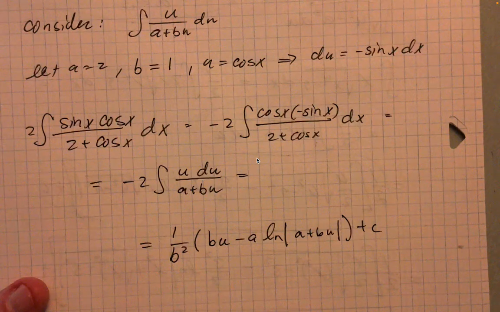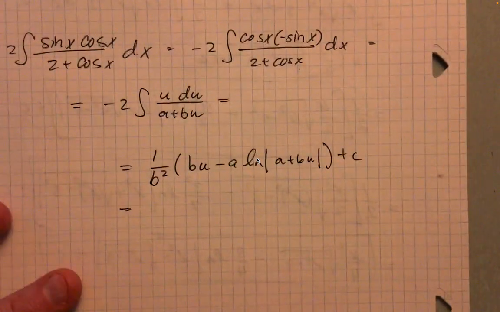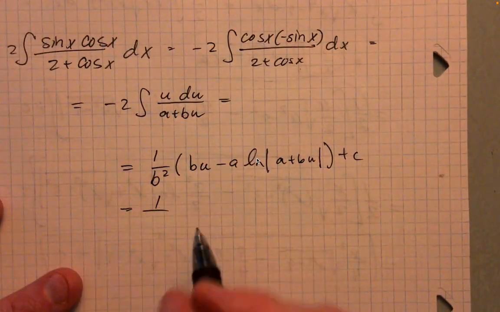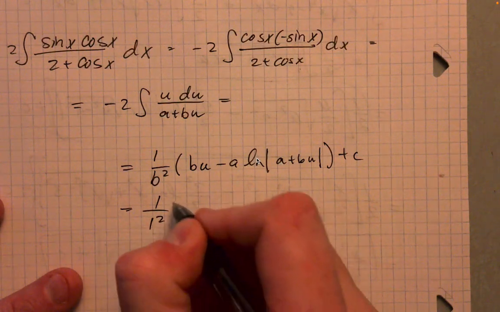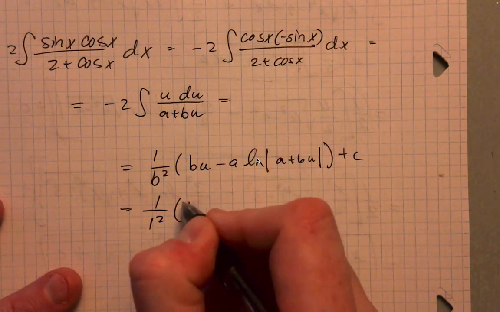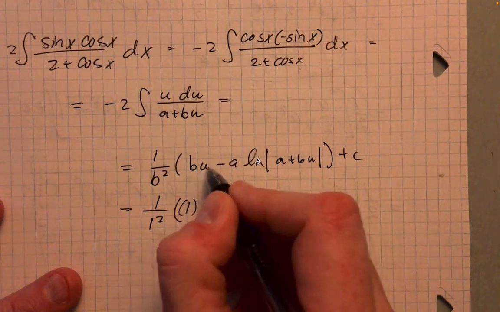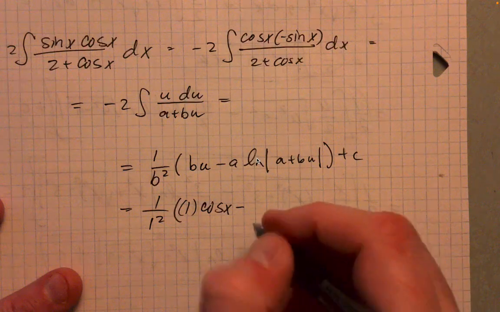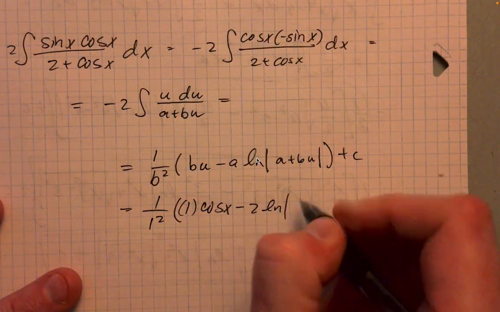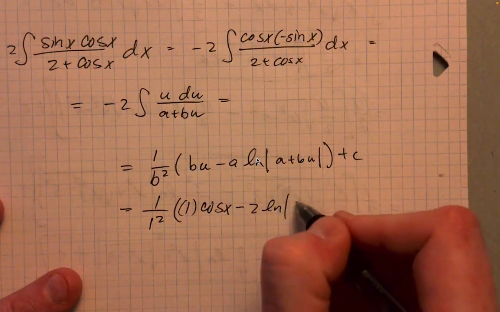And so we can just plug everything in here. Our b is 1, so this would be 1 over 1 squared times 1 times u, and u is cosine, minus a, which is 2, times the natural log of 2 plus cos x inside here.